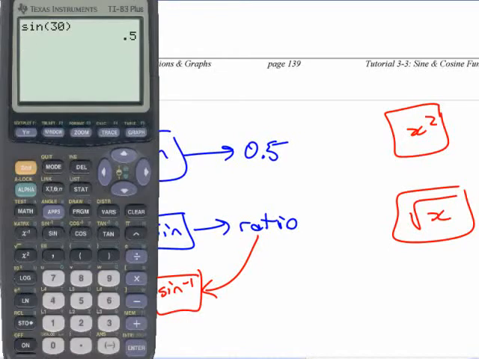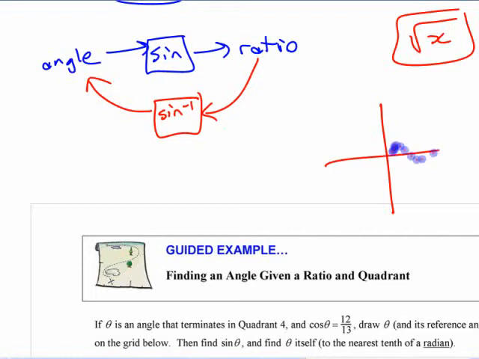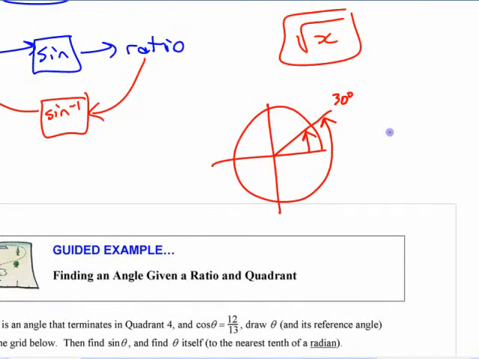I'm not trying to insult your intelligence in that you already know this, but if I do sine inverse of 0.5, it's going to give me back the angle. The problem is it isn't a one-to-one correspondence, right? There's lots of angles that have a sine ratio of 0.5. There's this one, 30 degrees, or this one, 390 degrees, or there's one in this quadrant, 150 degrees.